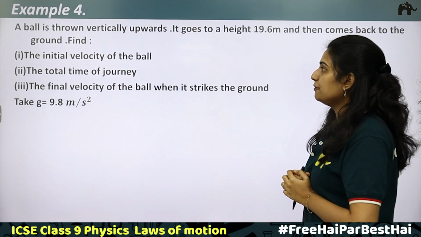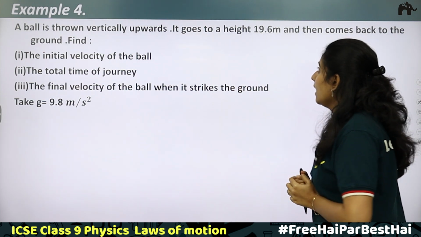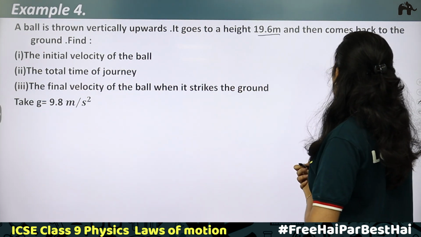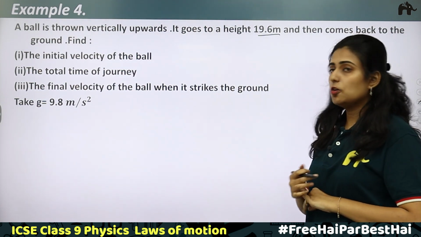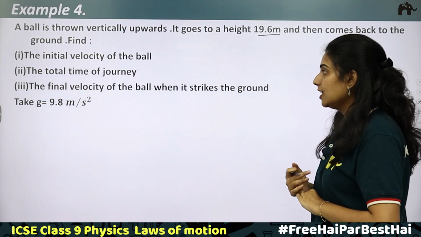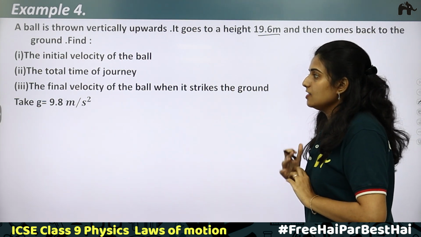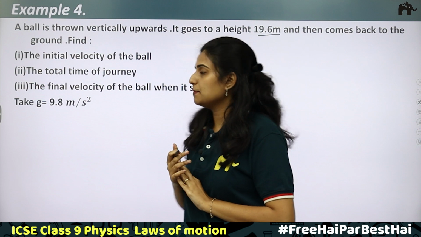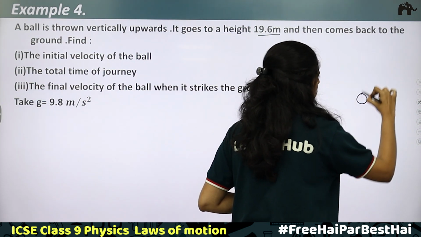Understood? Example 4. A ball is thrown vertically upwards. It goes to a height of 19.6 meter and then comes back to the ground. Find the initial velocity of the ball, the total time of journey, and the final velocity of the ball when it strikes the ground. Take g equal to 9.8 meter per second square. So a boy is standing on the ground and throwing a ball.